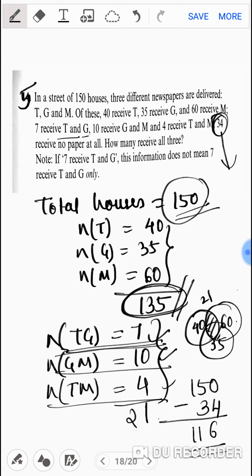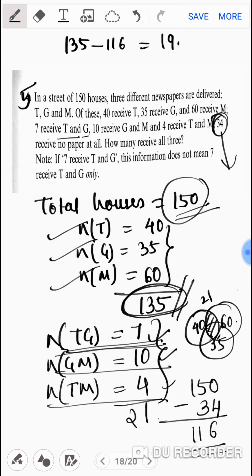But my dear kids, when I am taking the addition of the newspapers, I am getting 135 houses receive newspapers. So what I will do is 135, that is total number of houses receiving newspaper, minus 116. That will be 19. Clear?